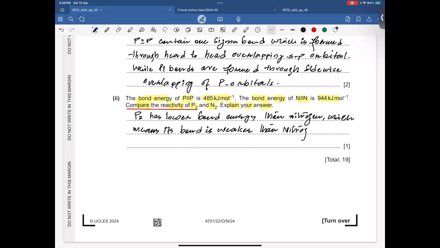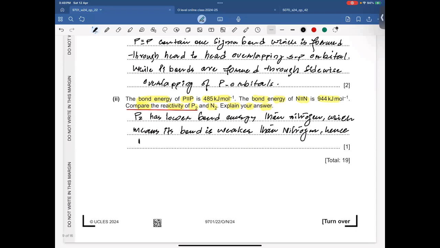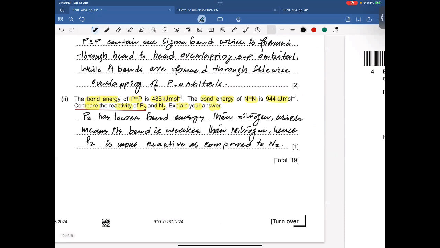Hence, P2 is more reactive as compared to nitrogen. So that's the end of question number 3. Let's move on to the next question.